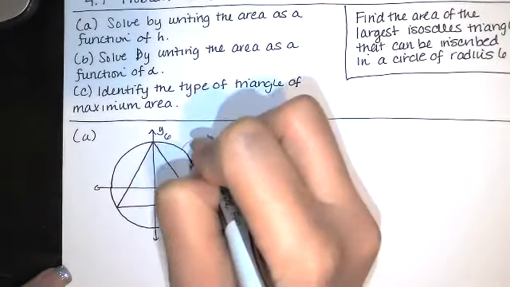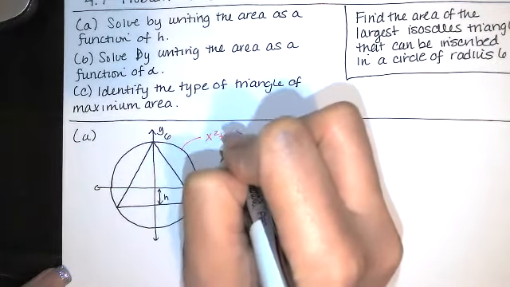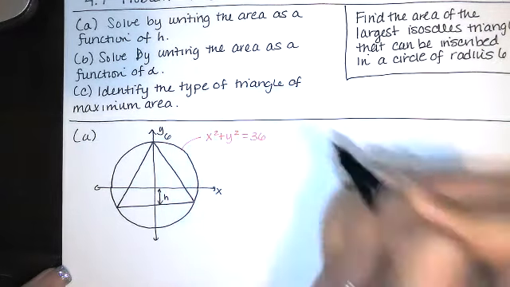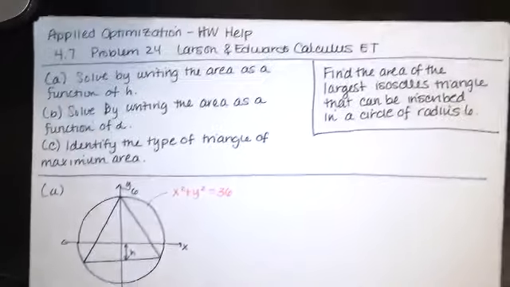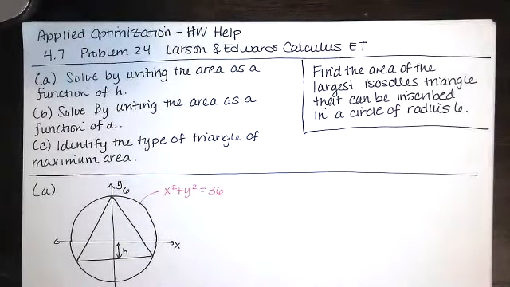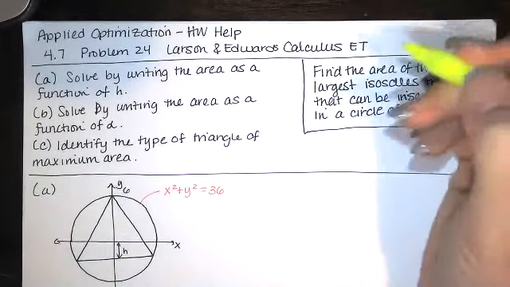Other things that I know: when I'm on a circle of radius 6 centered at the origin, x squared plus y squared is equal to 36. And I'm asked to find the area of the largest isosceles triangle that I can inscribe in this circle. So we're trying to maximize the area.